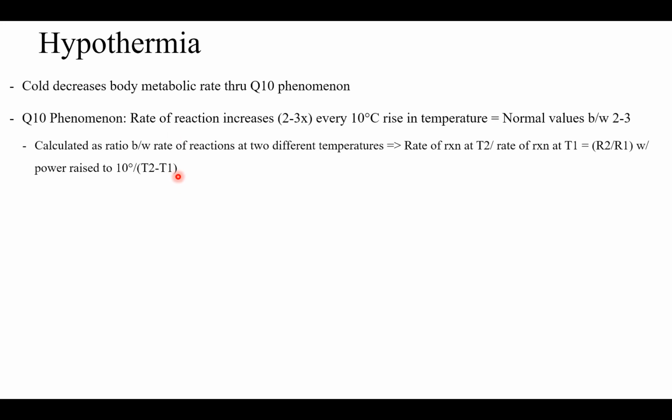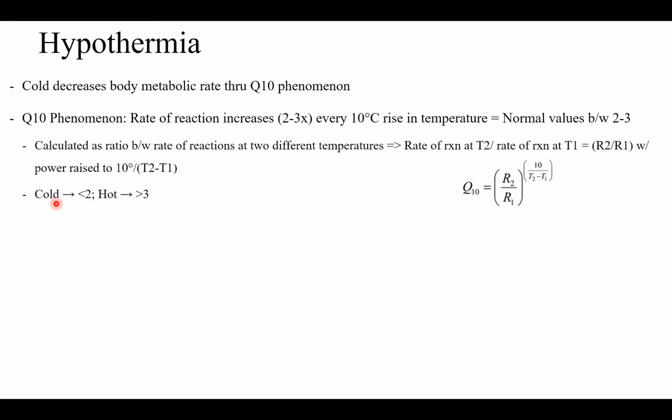It's calculated as a ratio between rates of reactions at two different temperatures. So rate of reaction at T2 divided by rate of reaction at T1, so R2 over R1, with power raised to 10 degrees. That's the entire formula.